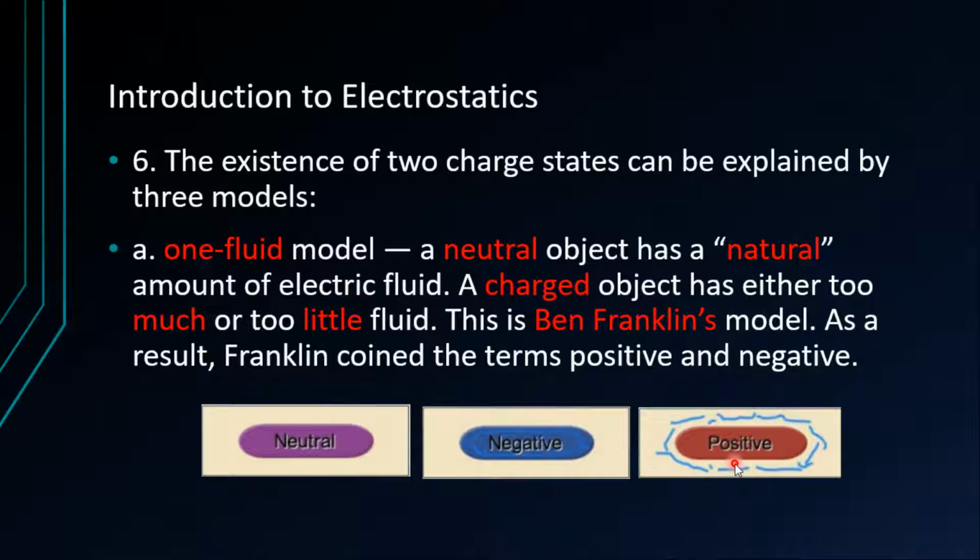Whereas the positive space, look at it, it's overfilling the space. So it has way too much to fit inside that space. So this would be positively charged, this is negatively charged, and this is neutral. Okay, this is kind of the progression of how things came about.